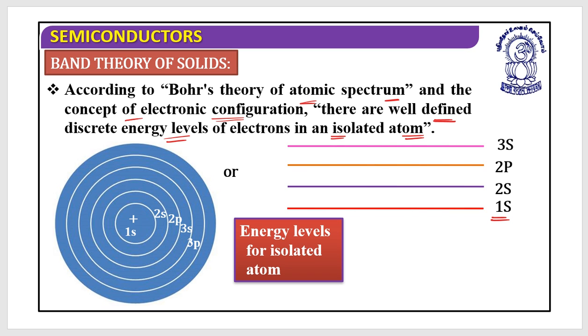If we discuss the different energy levels, they are 1s, 2s, 2p, 3s and onwards, and these are all the energy levels for an isolated atom. From the center, this is 1s, this is 2s, this is 2p, this is 3s, this is 3p and onwards. These are the discrete energy levels where electrons can reside.